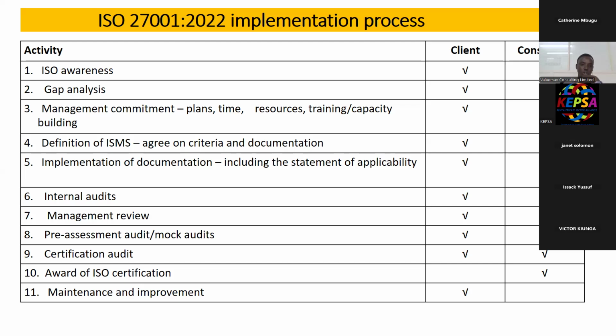The clauses we have talked about, we have to train you on how they work and how you implement them. This is where we come in as Value Marks. And we also need your cooperation. So it's the client to give us the time and the attention, and for us as the consultant to make you aware of this ISO standard.